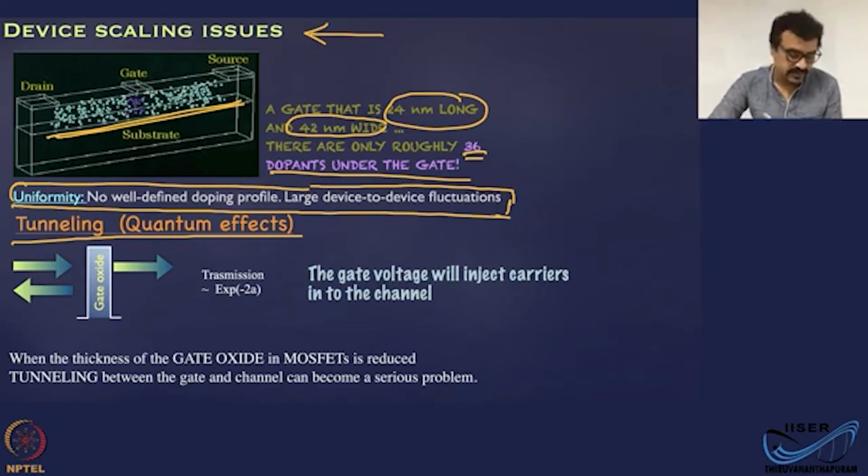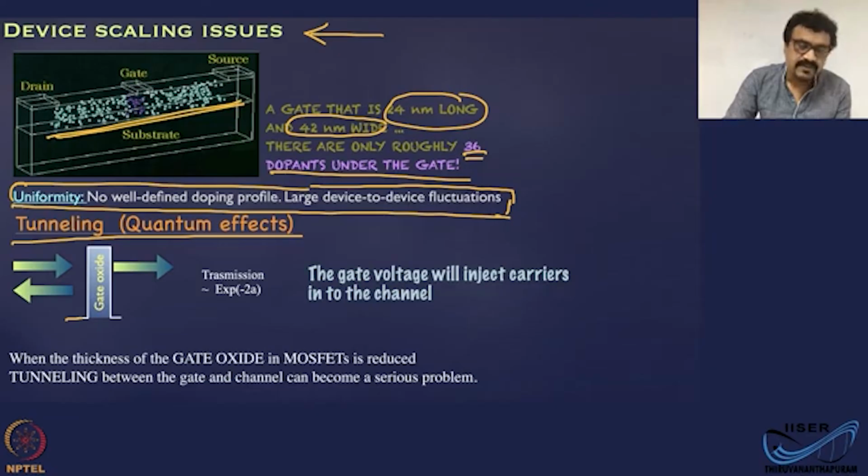Now, the overall exercise that you are doing is reducing the size. Whether it is the thickness of the oxide or the channel length or whatever it is, you are reducing size overall.